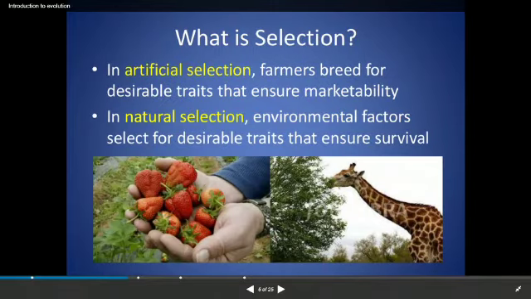Now the term selection is very important in explaining the idea of evolution. So what is selection? There are two types of selection. These are named as artificial selection and natural selection. In artificial selection, farmers breed for desirable traits that ensure marketability.